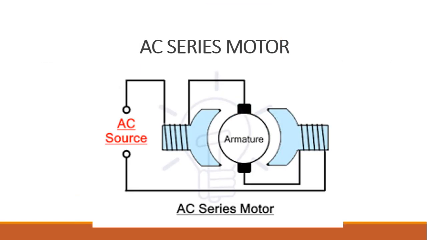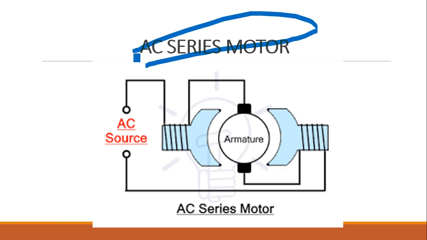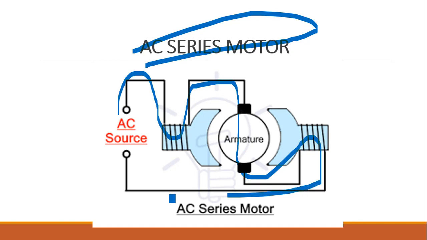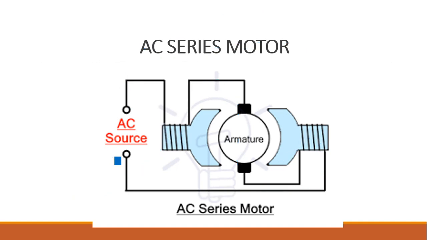Now the AC series motor also looks like the same circuit with the fields and the armature in series, but the difference is it is getting supply from an AC source. So we can understand that the DC series motor, AC series motor and universal motor have almost similar circuit diagrams.